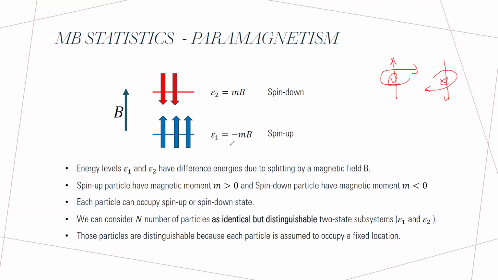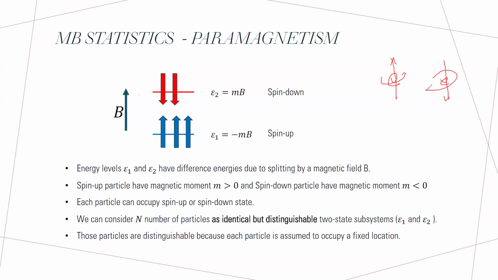So each particle has energy based on the direction of the rotation. So if it rotates with the spin up, here I have to correct something. The direction should be changed.